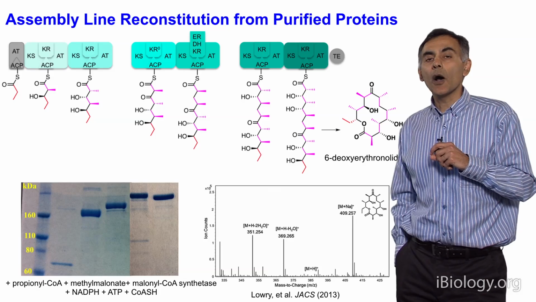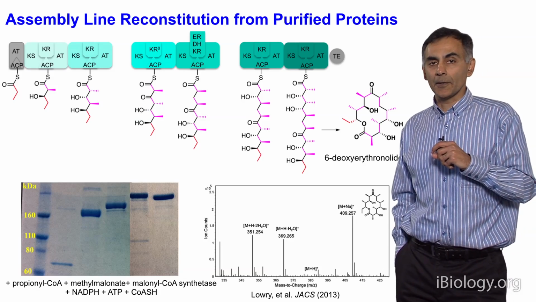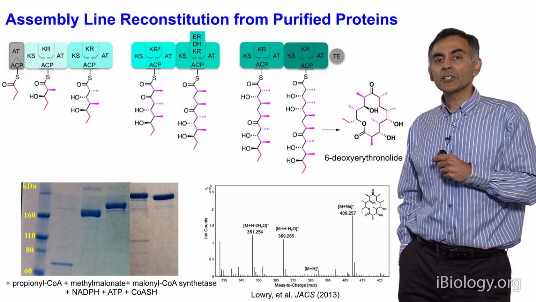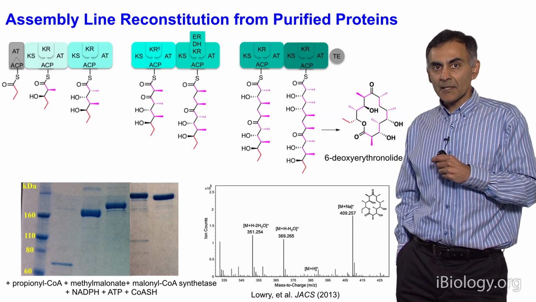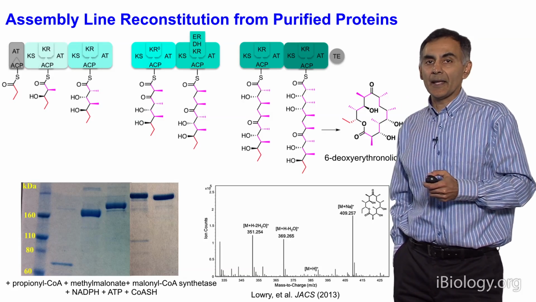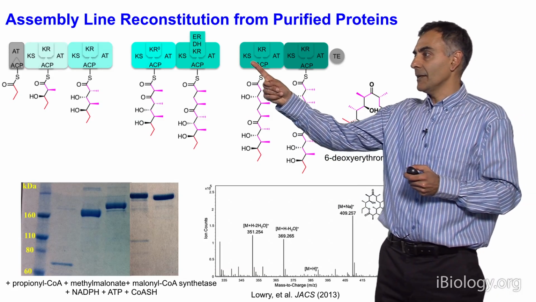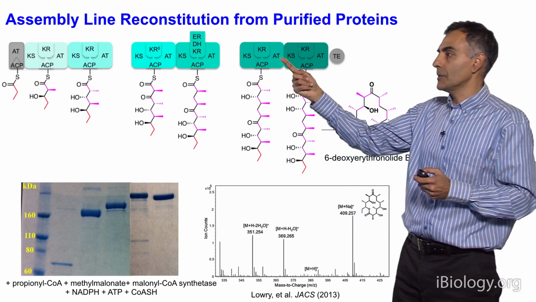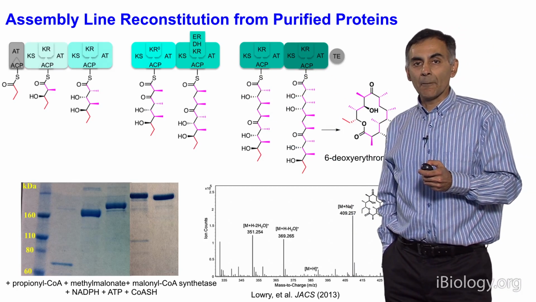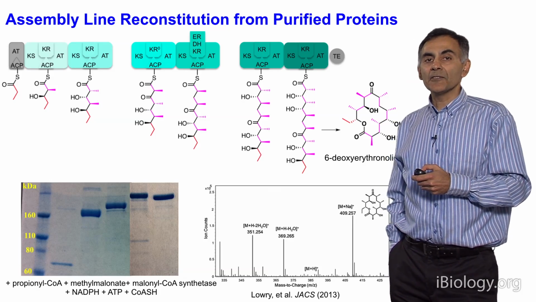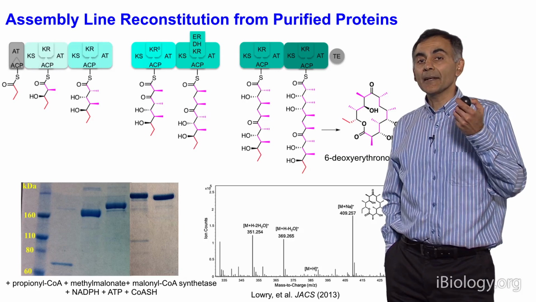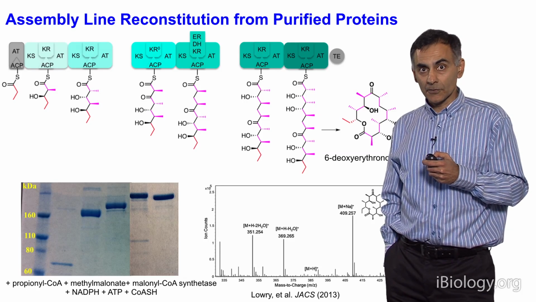What I show you on the lower left corner is a protein gel, an SDS page, that shows 5 proteins. The 2 proteins to the far right are the second and the third protein of the erythromycin assembly line. And each of them, as you can tell, has a monomeric molecular mass that exceeds 300 kilodaltons.